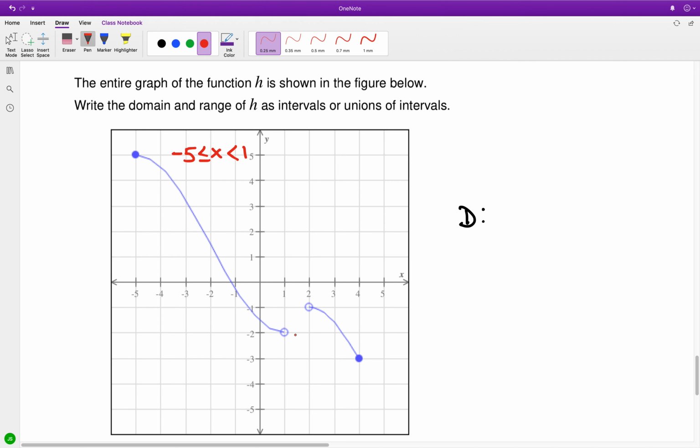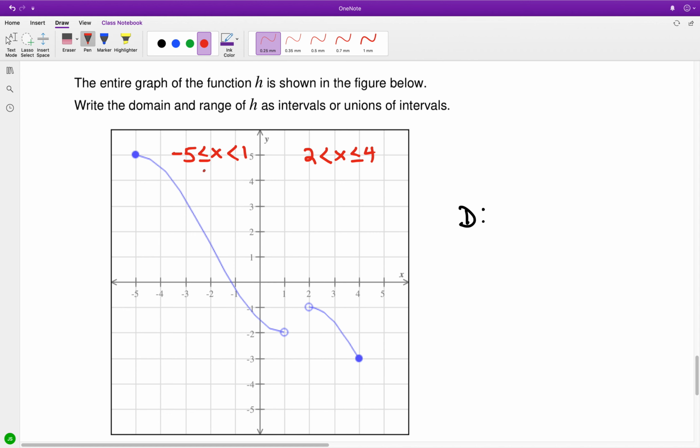But if you notice, x is going to continue. So in terms of the follow-through, we have 2 is less than x, which in turn is less than or equal to 4.